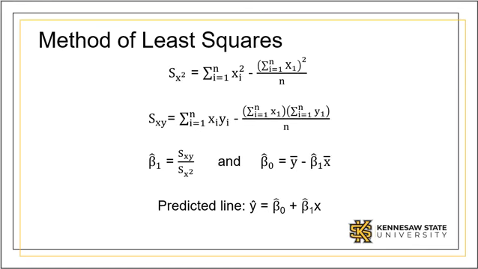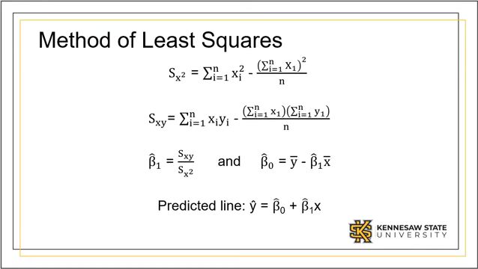S sub x squared is the sum of the squares of the difference between each x and the mean value of x. S sub xy is the sum of the product of the difference between x and its mean and the difference between y and its mean. The ratio of S sub xy to S sub x squared gives us an estimate for the beta sub 1, otherwise known as the slope.